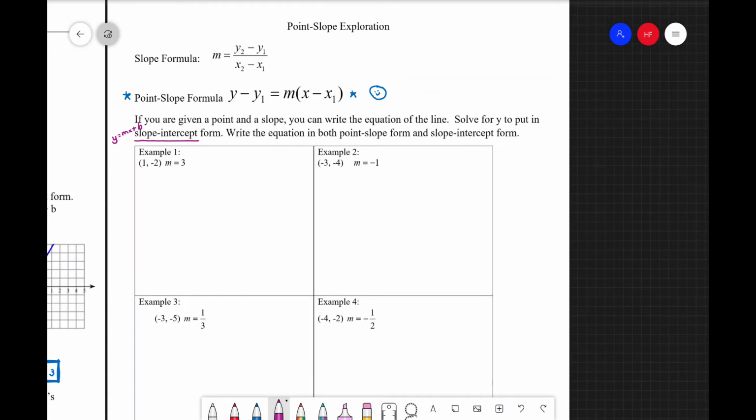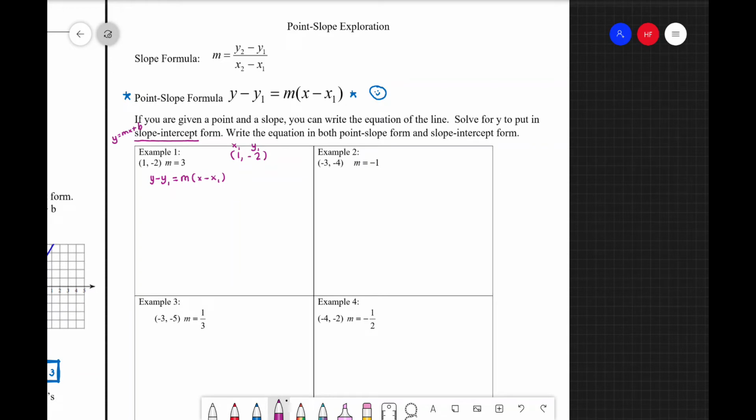So I have this line that goes through the point 1, negative 2 with a slope of 3. So I'm going to use that point slope formula. y minus y1 equals m times x minus x1. With that point 1, negative 2, this is x1 and this is y1.